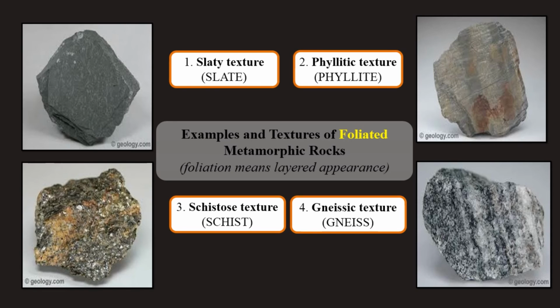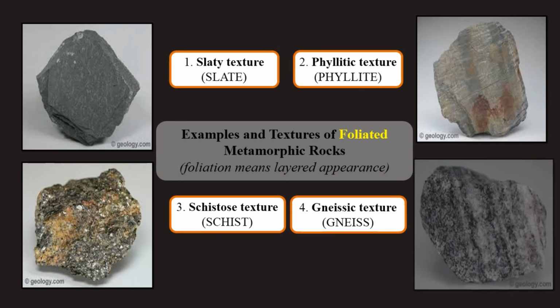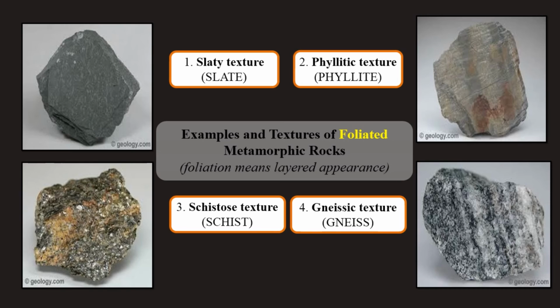So, their alignment results in an obvious but not clearly defined foliation. In schist, which exhibits a schistose texture, the minerals are visible to the naked eye, and their layering is more distinct as we can see in the photo.